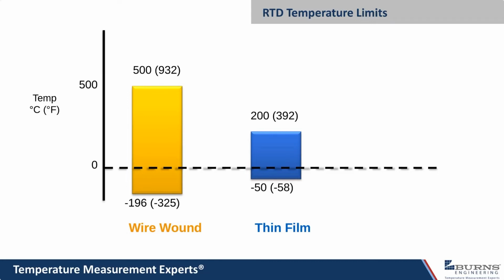So that's why you'll see this as being very common among manufacturers. They'll have basically two RTD temperature range groups of parts. Externally, they all look the same, but inside they're a little bit different.